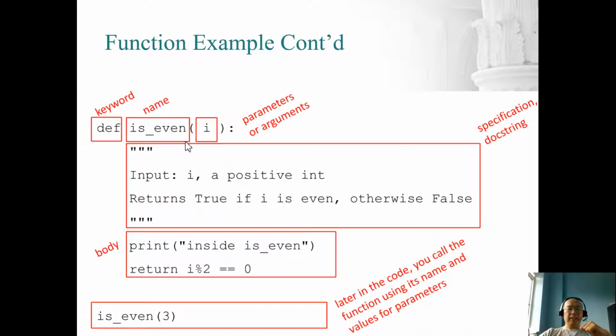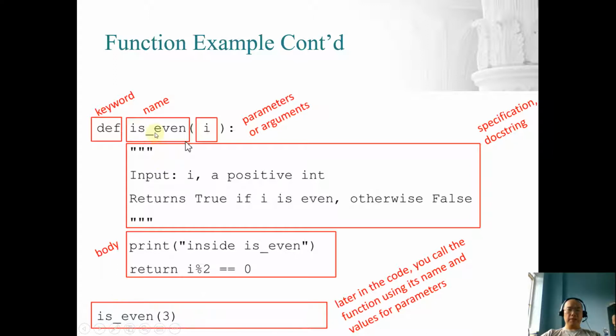Okay, and here is another example. Here is another breakdown of the function definition. We have the keyword def, then the function name and parentheses with the parameter or argument. After that, it's always good practice to have a documentation string saying what the input is and what the output is. Then the body is indented, and eventually we have a call.